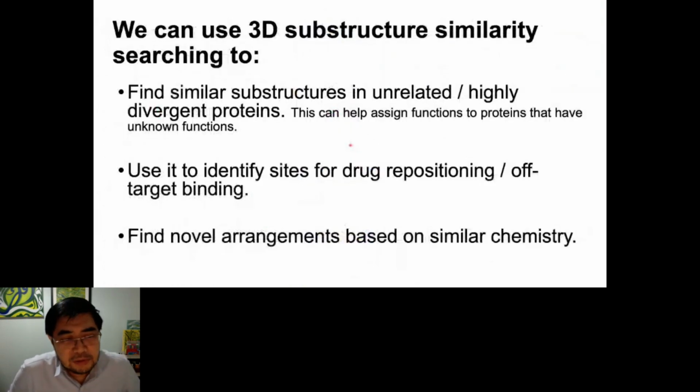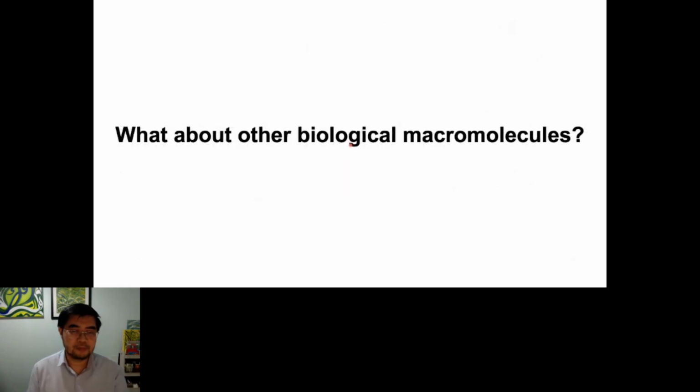So just to recap and summarize, we can use the 3D substructure similarity searching to find similar substructures in unrelated or highly divergent proteins. And we have shown that we could use it to explore the potential for drug repositioning or off-target binding. And we are also able to find novel arrangements based on similar chemistry.